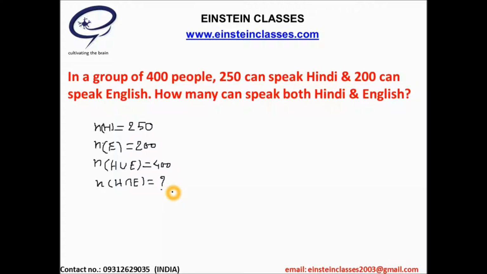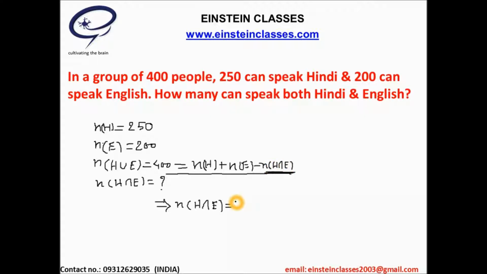In the previous problem, we discussed that the number of elements in H union E will be equal to the number of elements in the set H plus the number of elements in the set E minus the number of elements in the set H intersection E, and hence from this equation we can find the number of elements in H intersection E. That means we can put this value, which equals 250, and this value, which equals 200, and from very basic calculation we can get the value of H intersection E. This value is given by 450 minus 400, because you put 250 here and 200 here.